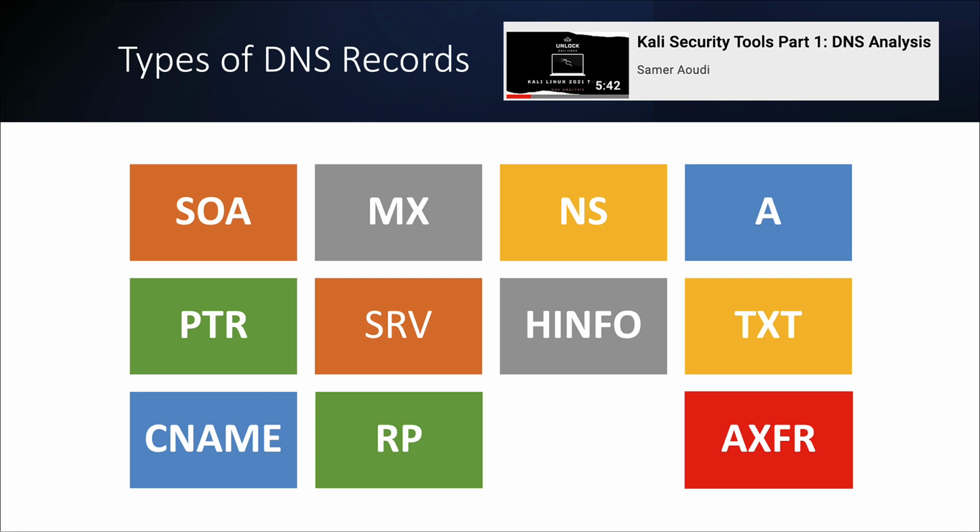This should not be allowed once the system is in production mode, and it's very rare that you would be able to perform a zone transfer. I cover DNS tools in part 1 of the Kali Security Tools series, so I highly recommend that you watch that video because I will not be demonstrating DNS records here.